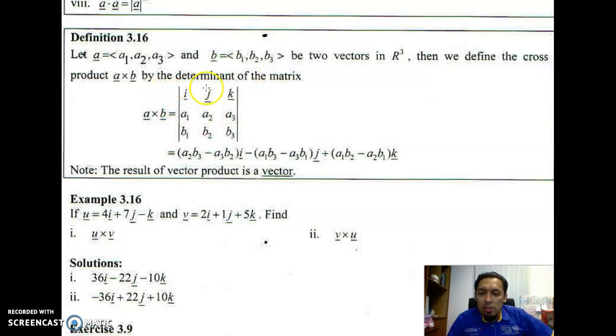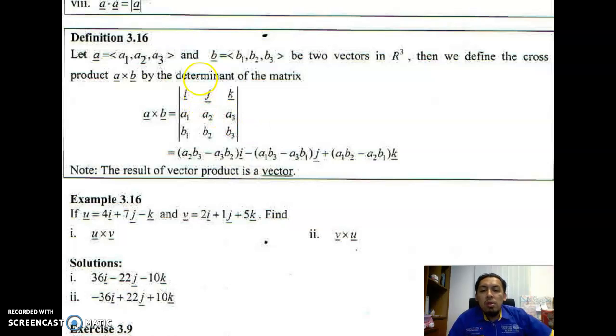Now that you have arranged it like this, the next part is the calculation, which is exactly the same as when we found the cofactor before in matrices.